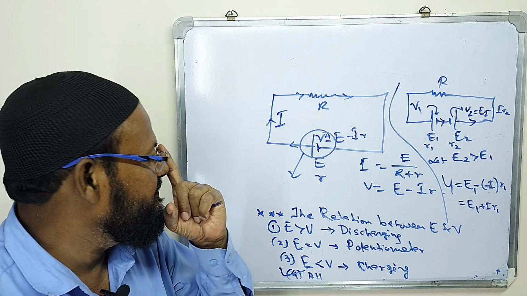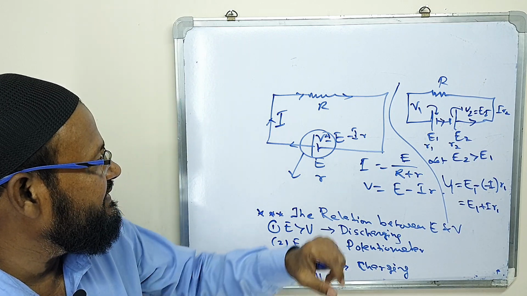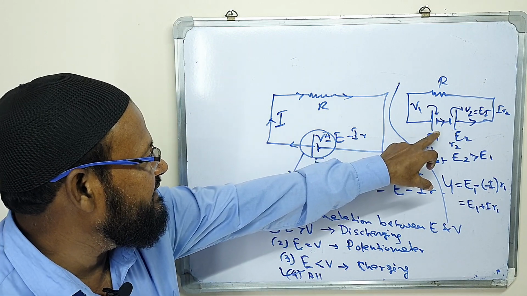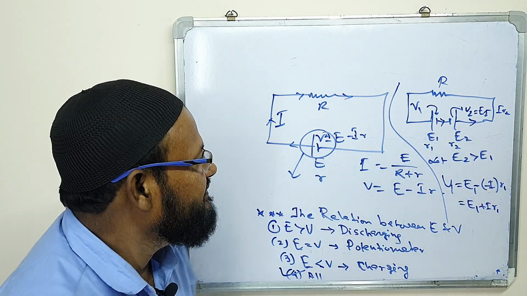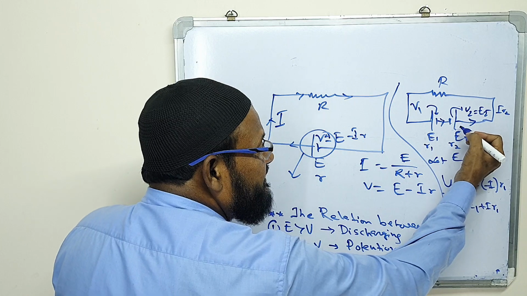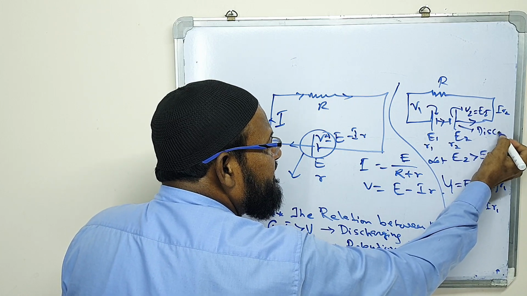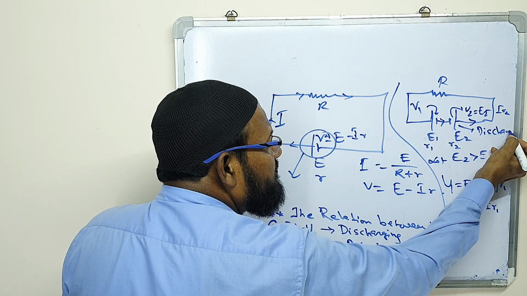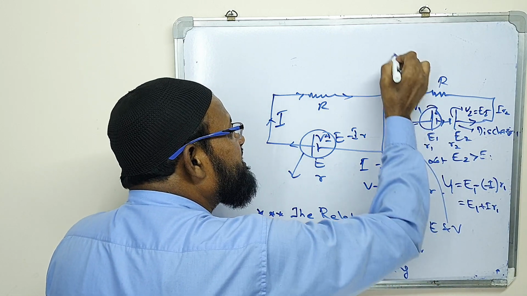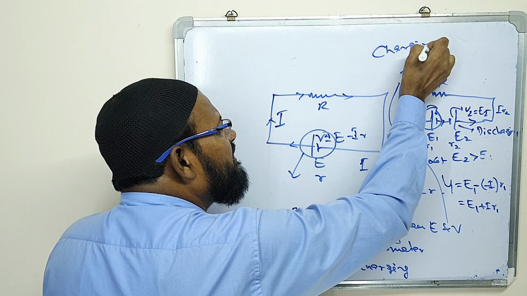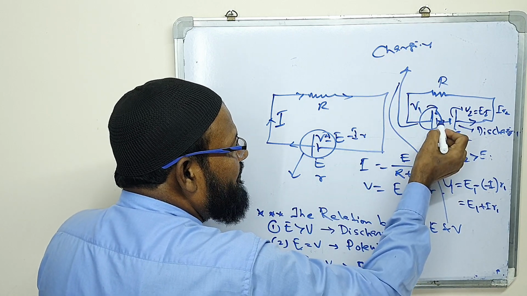Please see here. In this case, this battery is discharging, this is discharging, this is discharging, and this is being charged. In this case, what is the formula?